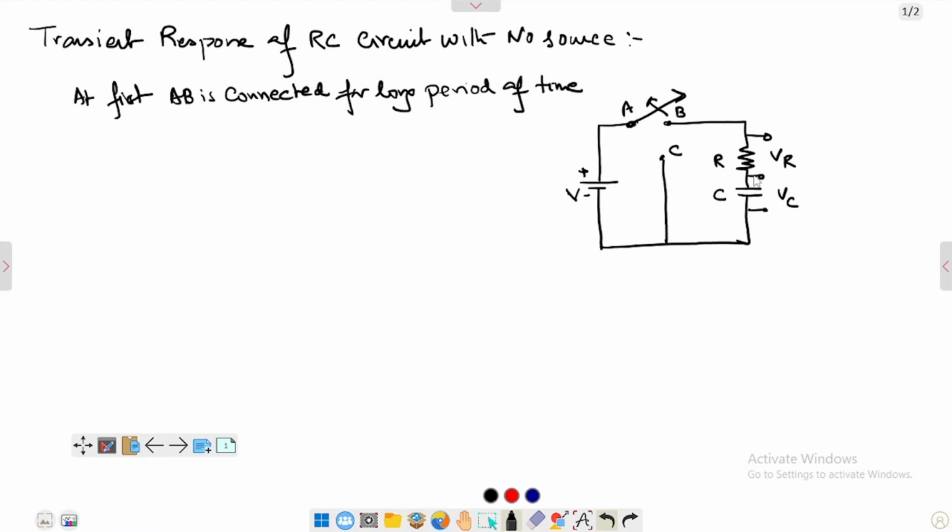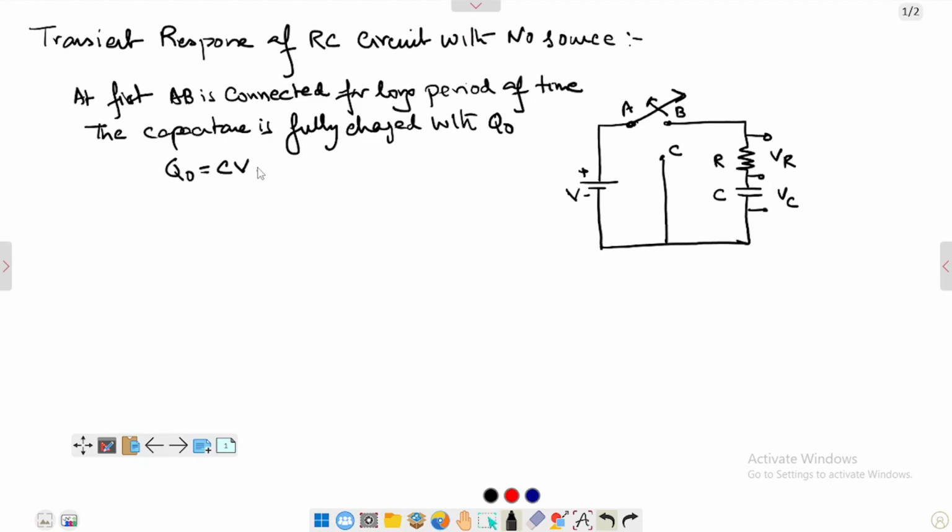The capacitor will get fully charged with Q naught. So the charge of the capacitance is now Q naught, and we know that Q naught is nothing but CV.